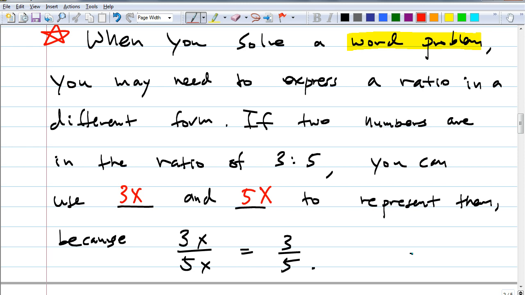If I keep the ratio as 3 to 5, 3x to 5x, the ratio will always remain as what? 3 to 5, right? And so why do we need x if it's always going to be 3 to 5? Hello? Anybody out there today?